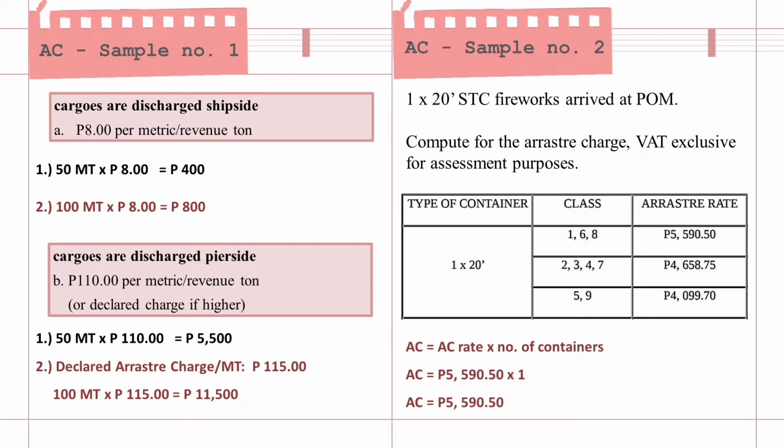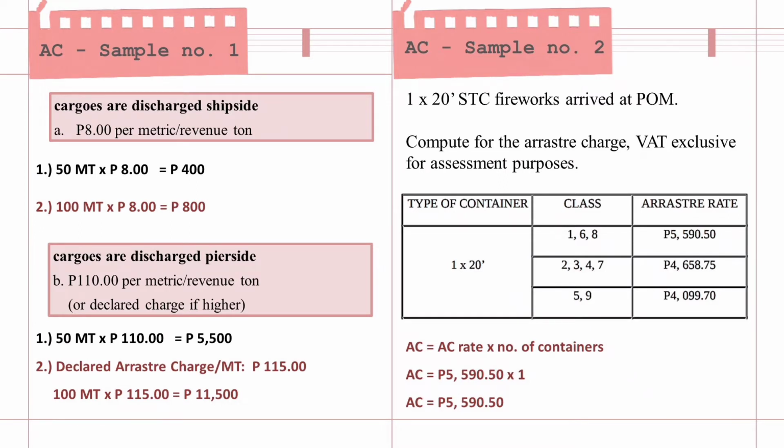Like for example, in item number 3, as you can see, the declared arrastre charge per metric ton is 115 pesos. So just do the basic multiplication, then we would get the arrastre charge of 11,500. Now let us proceed to sample number 2.